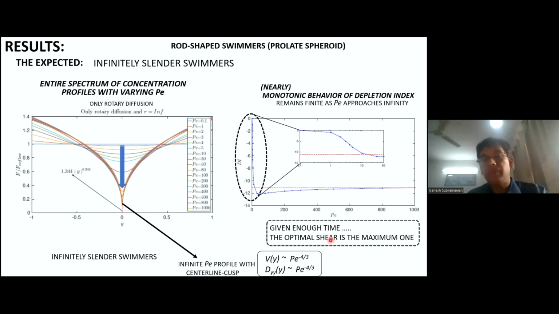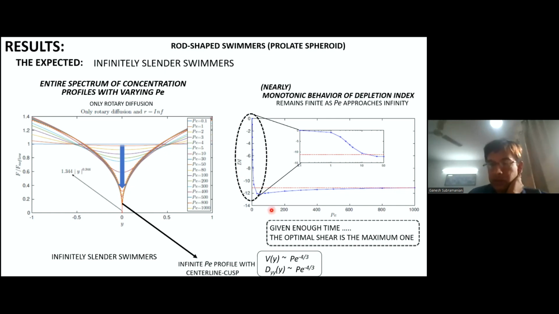They become small. Both of them decrease as the -4/3 power of Peclet, but since they scale the same way, the concentration profile itself is independent of Peclet. So the idea was, given enough time, there isn't really an optimal shear if you ignore the small maximum. You might as well shear it at much higher shear rates, and you will practically obtain the same depletion.